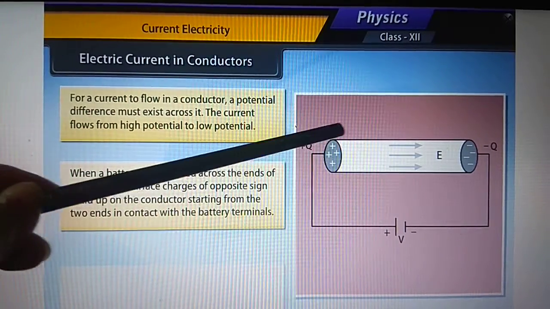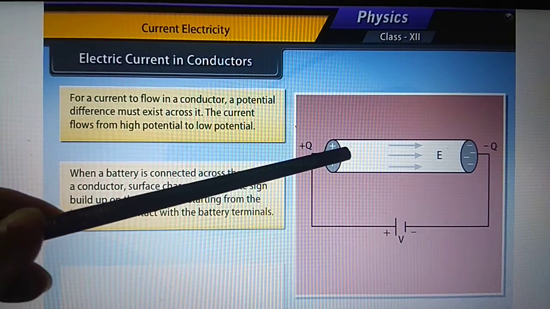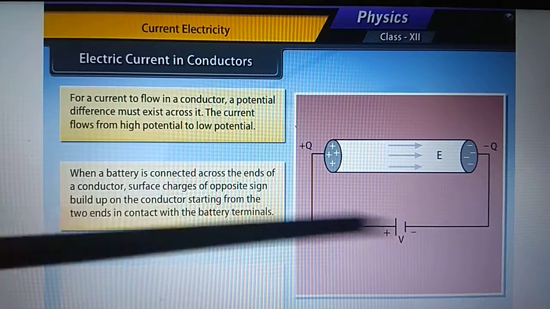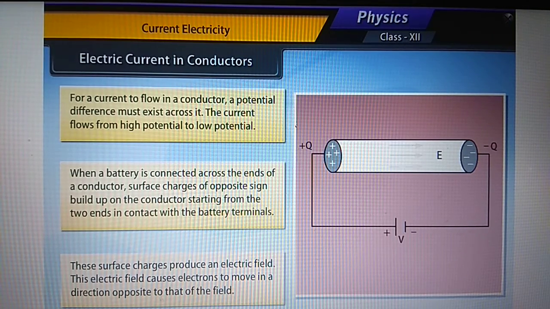The positive charge collects here and negative charge appears here. The electric field is from positive to negative end. These surface charges produce an electric field.